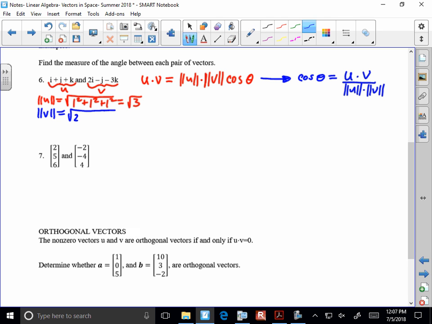The next one is going to be 2 squared plus negative 1 squared plus negative 3 squared. So 4 plus 1 plus 9, so 14, root 14.